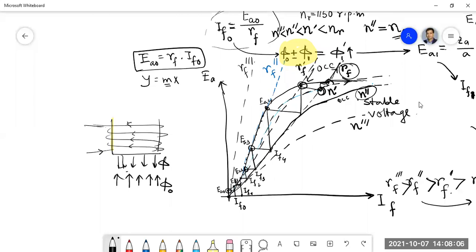Then what can we do? Reverse the terminals. That means we have to change the direction of the current, so that the flux will be in the other direction. And for that, we have to change the field terminals.